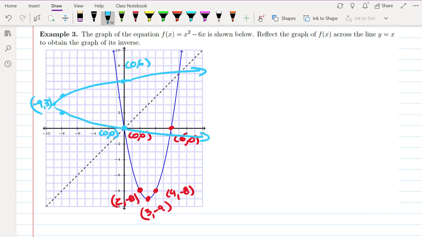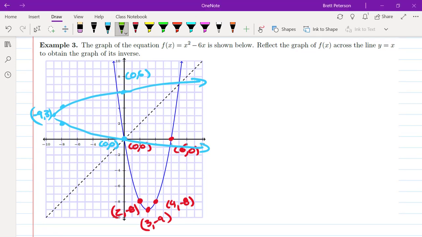So I get something that looks like this. And we'll notice that in this graph, these points are perpendicular to the line y equals x when we connect them. So we get a mirror reflection, and if you can imagine, you could fold this graph across that line, and the inverse and the graph would land exactly on top of each other.